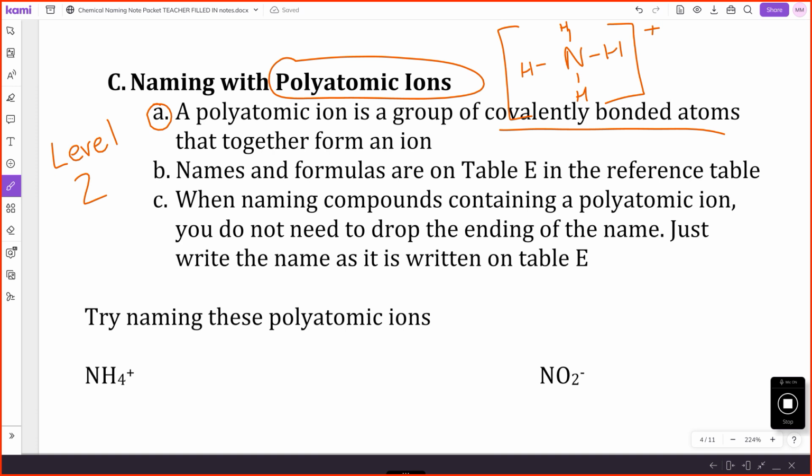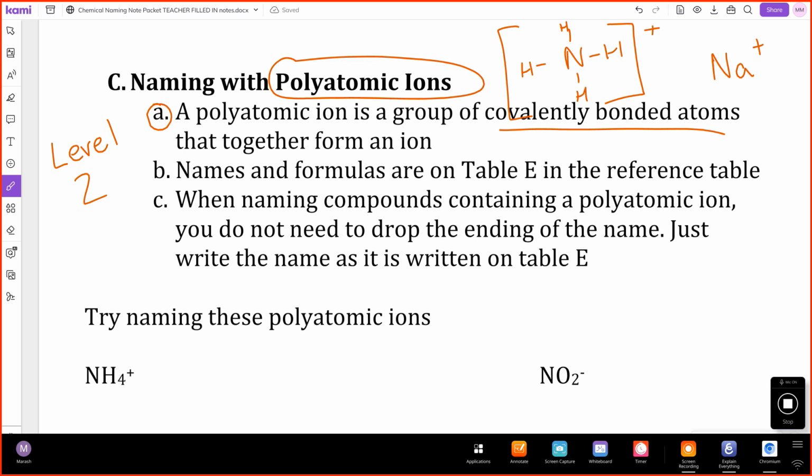It behaves in a positive one manner, meaning that combination of elements gives away an electron. So we're dealing with a covalent molecule that is actually behaving like an ion. Right? This NH4 plus does the exact same electron movement as Na plus does. Just more stuff put together.